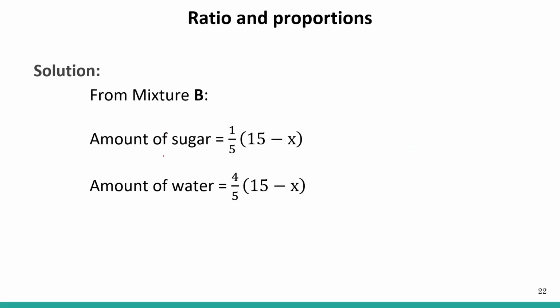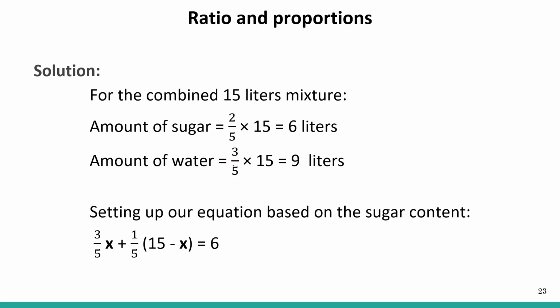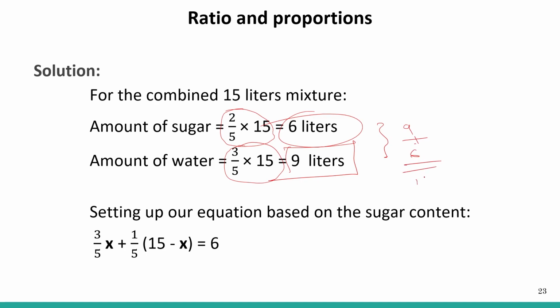From mixture B, the amount of sugar will be 1/5 into (15 minus x) and the amount of water will be 4/5 into (15 minus x). For the combined 15 liter mixture, the amount of sugar will be 2/5 into 15, that is 6 liters, and the amount of water will be 3/5 into 15, that is 9 liters. So cumulatively, 9 plus 6 is equal to 15, right? So 15 liters of content is there.